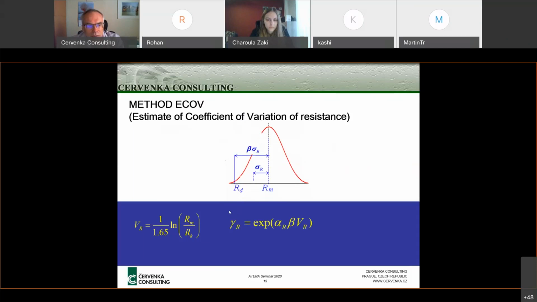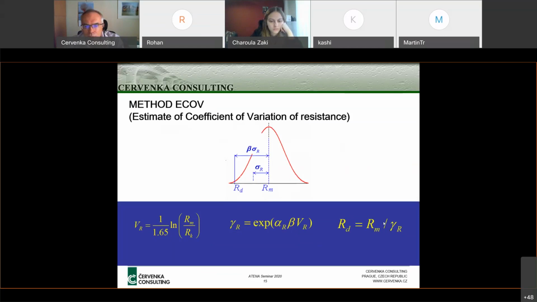That means from these two analyses, Rm and Rk, with the assumptions of the log normal distribution, the assumptions of the reliability index, and the sensitivity factor alpha R, we can easily calculate this global safety factor, which is then used to divide the mean strength obtained by the mean analysis.